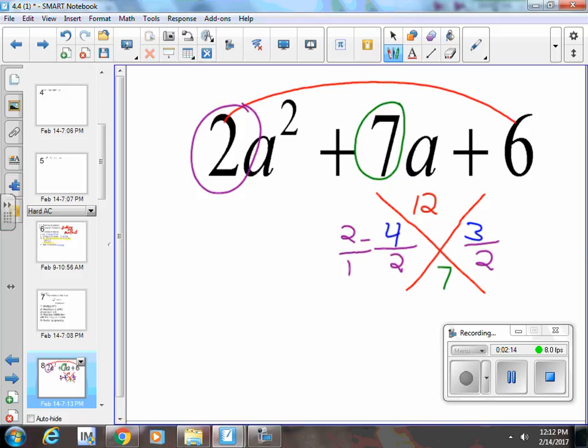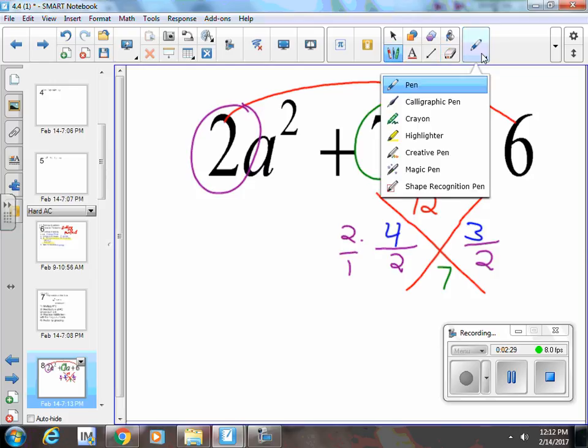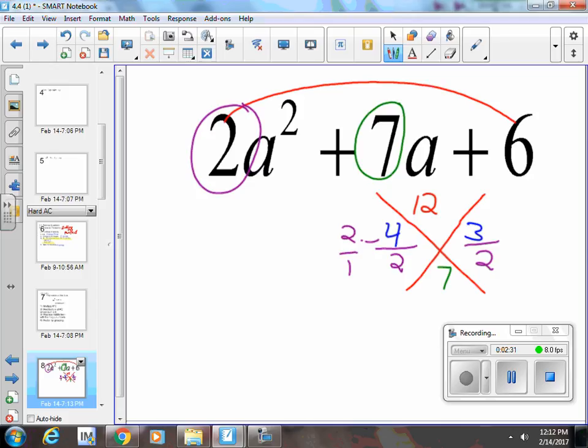We want to leave it as a fraction, but we want the simplest fraction. 3 over 2 cannot be simplified. So we're done with that.